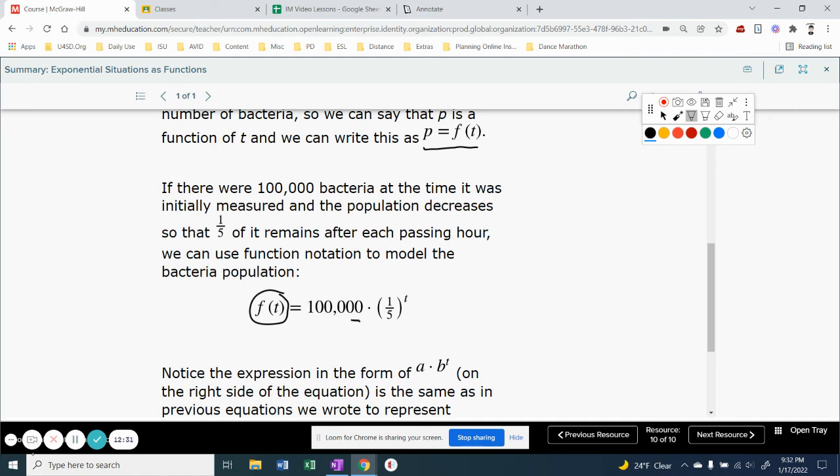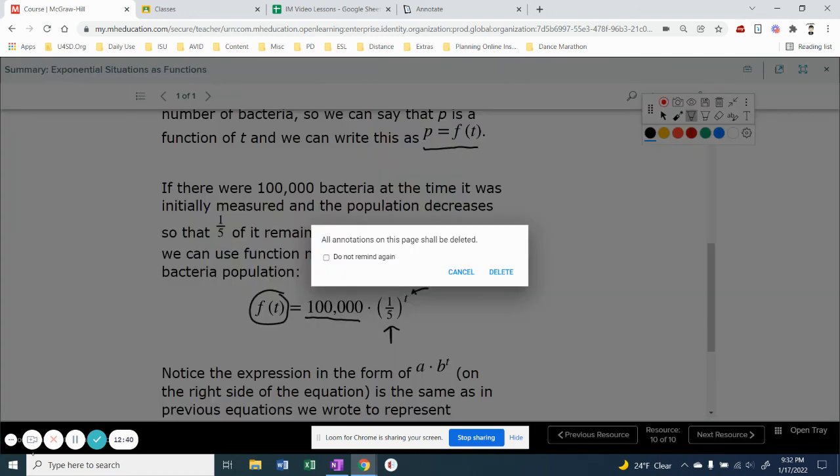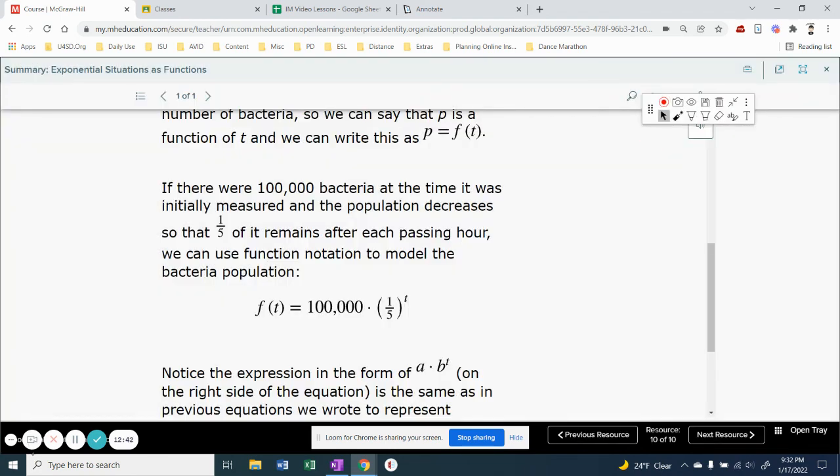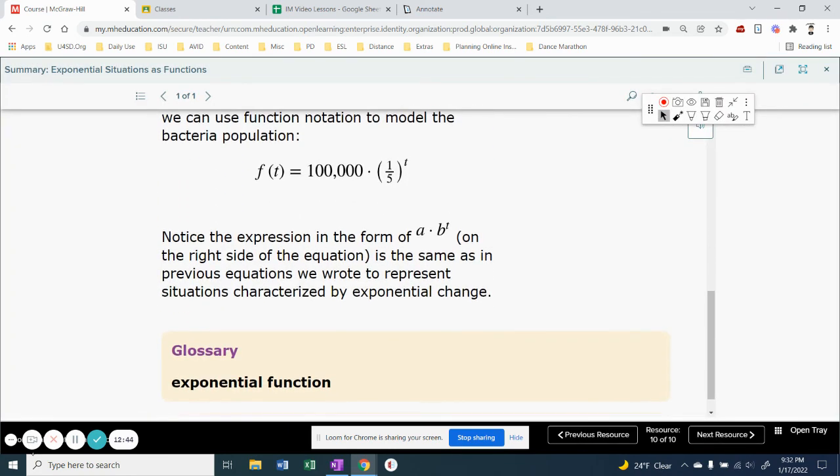And then we have our starting value times our multiplier to the power of T. Okay? So in the form of A times B to the T, that is the same as in previous equations, and we can generalize that. It's our starting value times our multiplier to our independent variable.